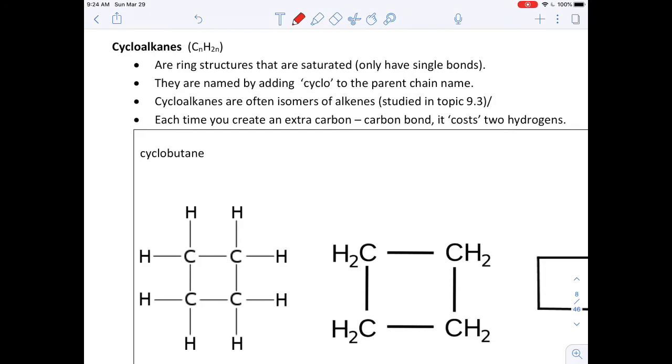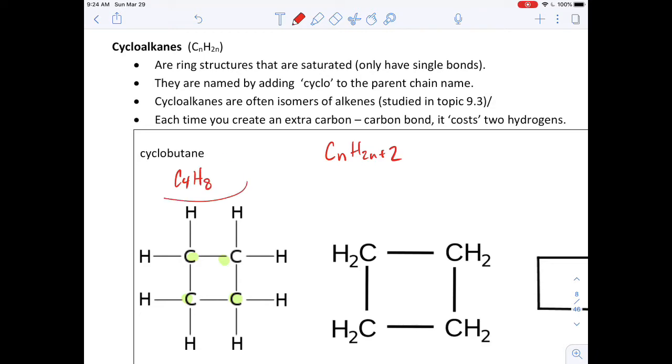Essentially, our idea for ring structures is that straight chain aliphatics are CnH2n+2. If I look at the ring structure for cyclobutane, it has 4 carbons, so it's C4, but if I count up the hydrogens, it's H8.